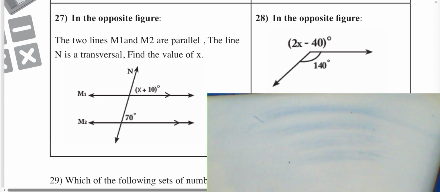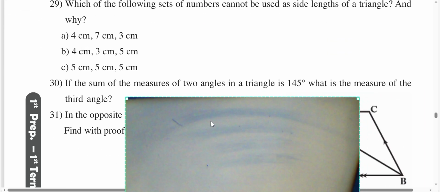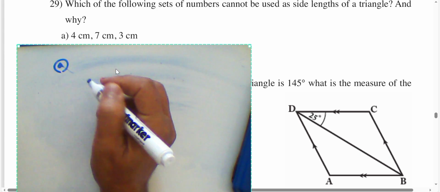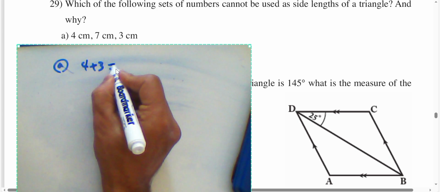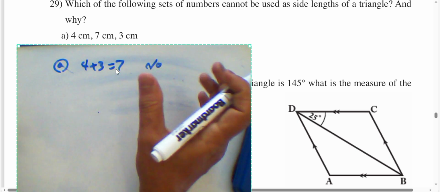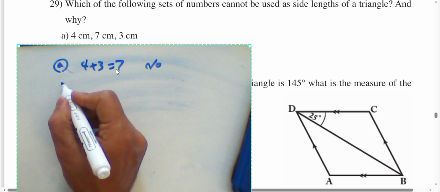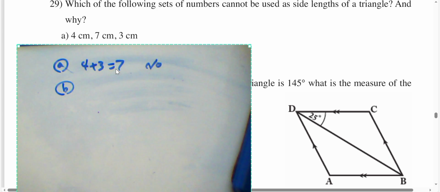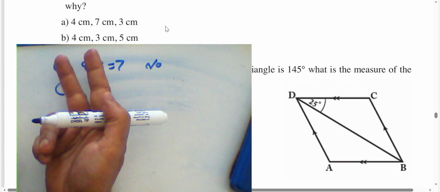Okay, next question. Which of the following sets of numbers can't be sides of a triangle? First step, number A, we must know the sum of any two sides is greater than the third. We have 4 plus 3 equals 7. No, that can't be a triangle. Okay, number B, the smaller two must add to more than the third.